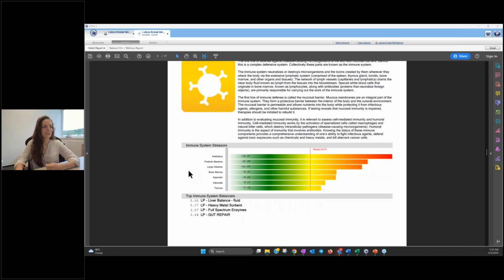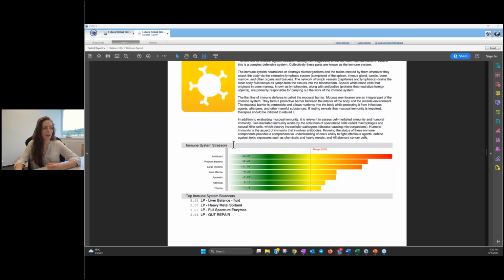So there is the description. There is a list of system stressors. In this case, it is the immune system stressors. So these are the biomarkers that are related to the immune system and that my body responded extremely about. So when Zytoscan asked my body about antibiotics, probiotic bacteria, and so on, my body responded with a stress response.